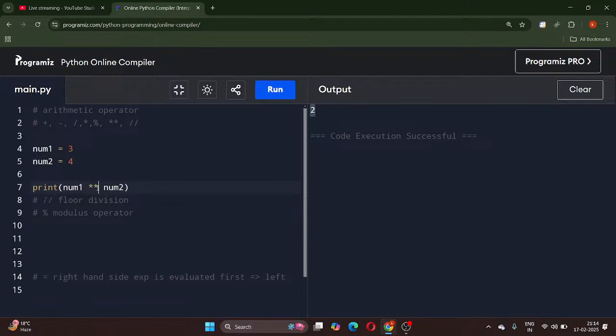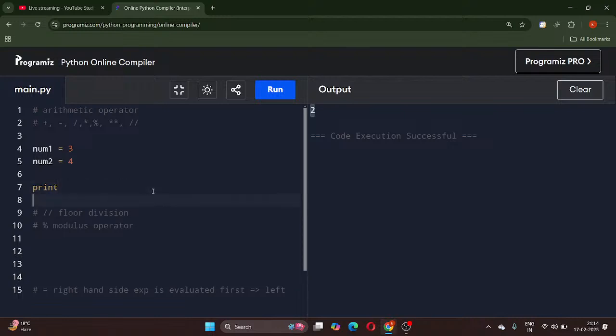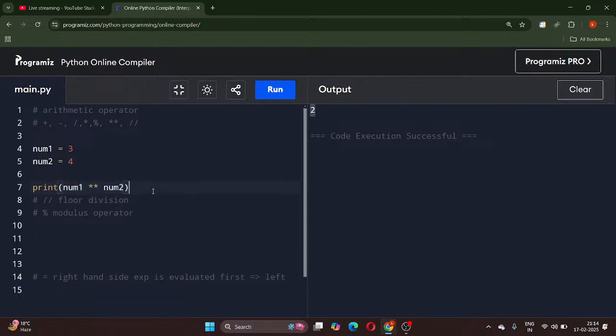What you're writing here is equivalent to 3 exponentiation 4, 3 raised to the power 4, which is equal to 3 into 3 into 3 into 3, which is 81. So if I print it here, obviously we are going to get the output as 81. So this is what the exponentiation operator is.